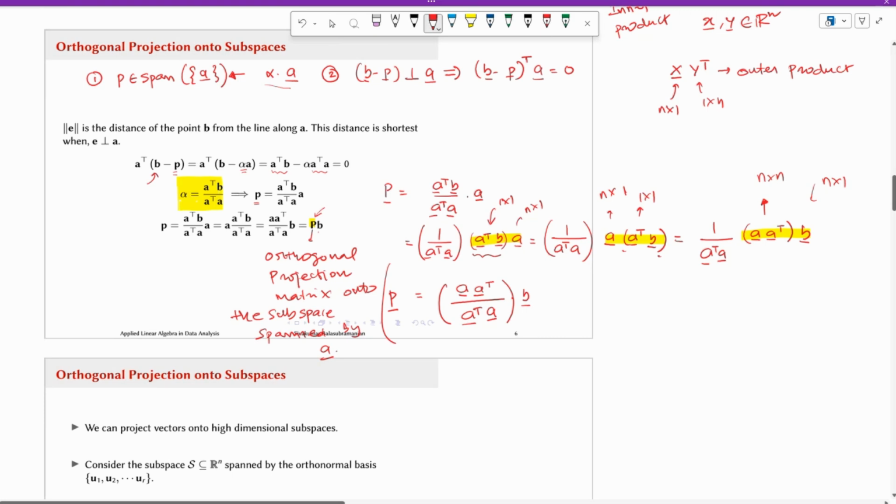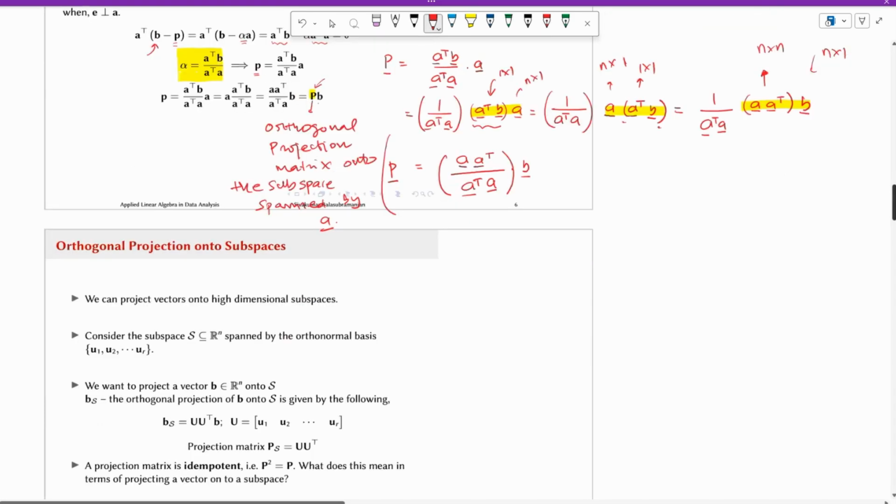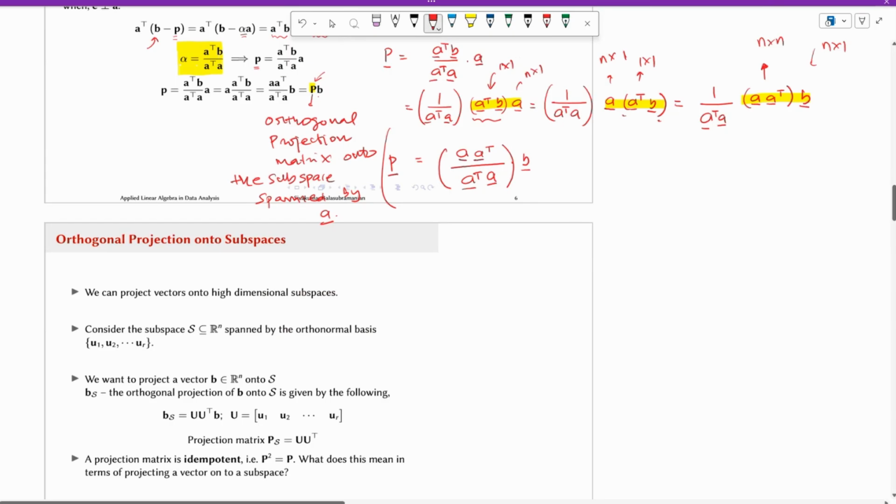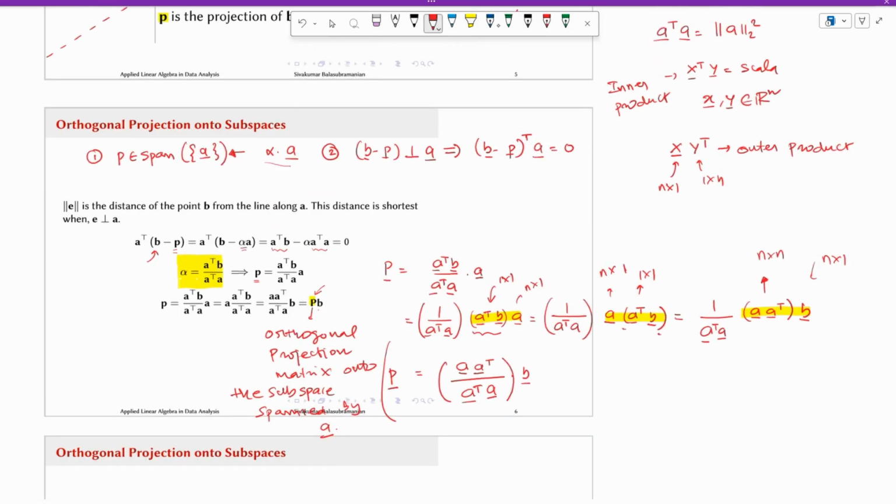Alright. Let's do, maybe we have time to do one example and then we'll stop there. This is my A vector.